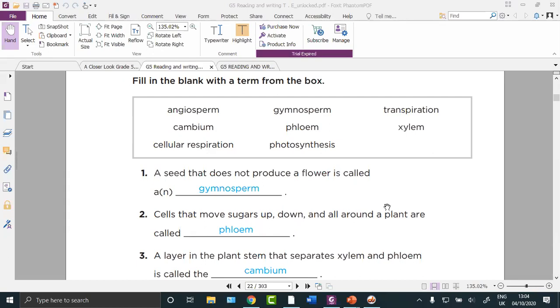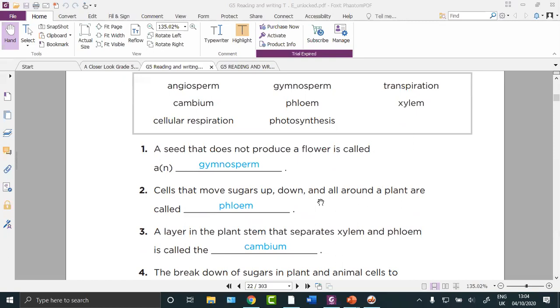Yasin Tamer. Yes, Mr. Number five. A seed plant that produces flowers is called an angiosperm.